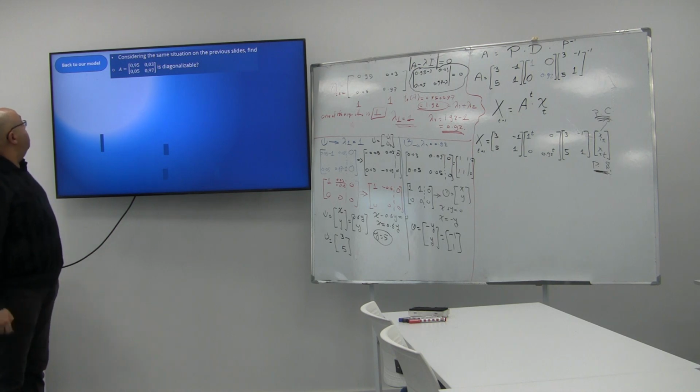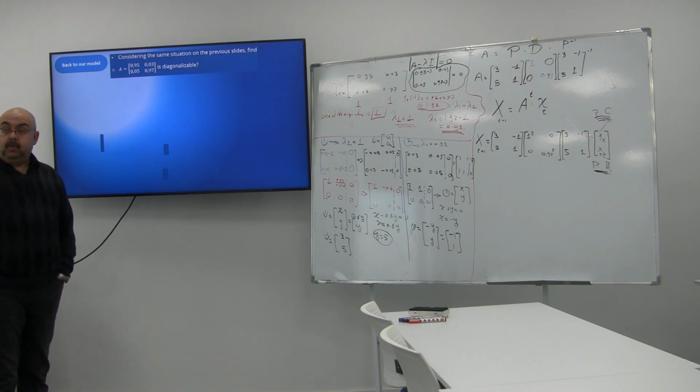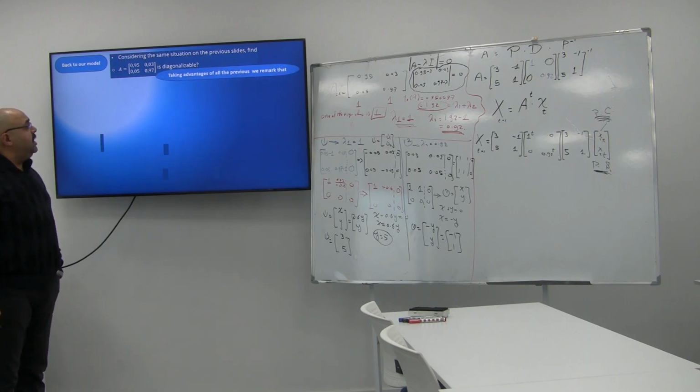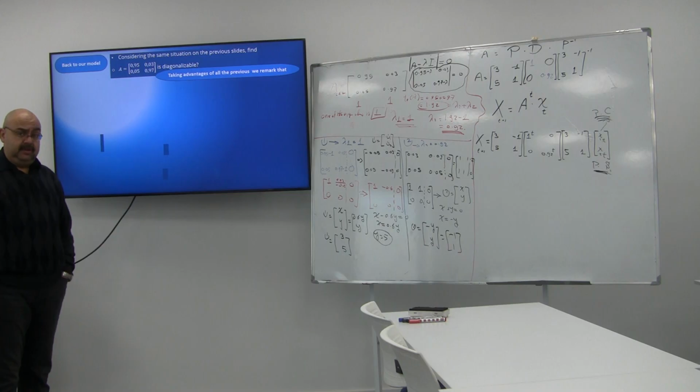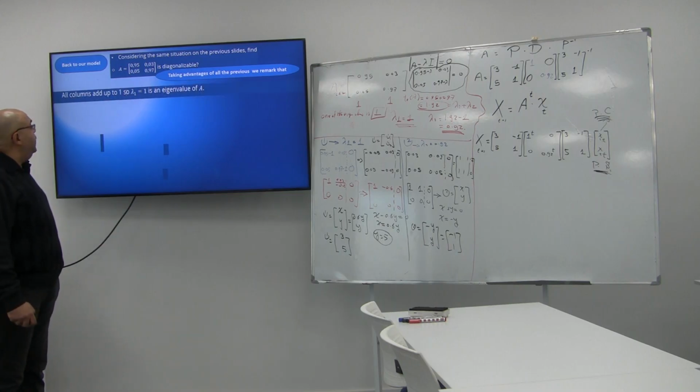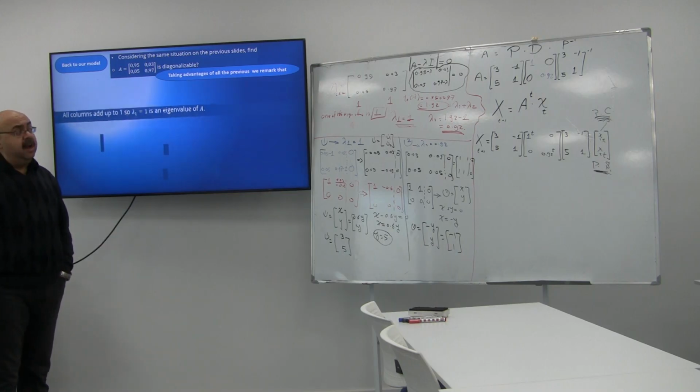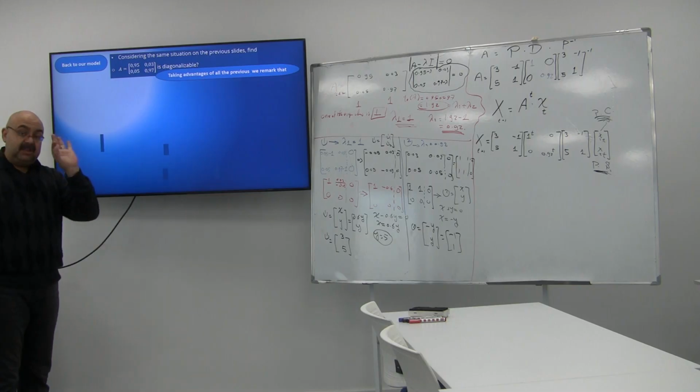Okay, back to our model, once more. The first step is taking advantage of the previous remarks. What were the previous remarks? That if I want to evaluate the eigenvalues, I can take advantage that if the sums of the columns of the matrix are all summed to a certain number, it's going to be one of your eigenvalues.